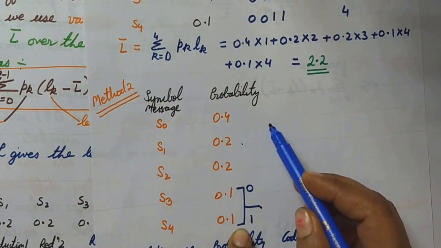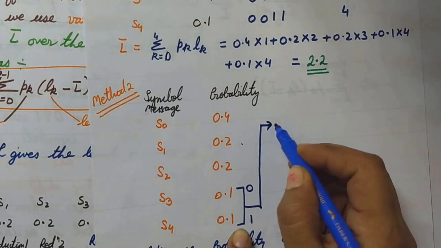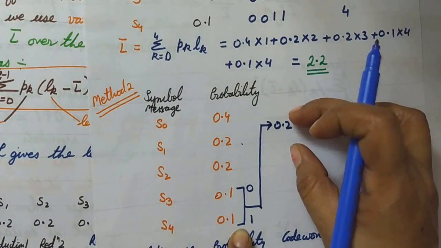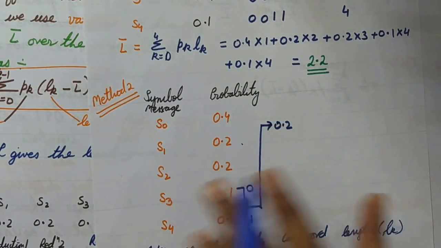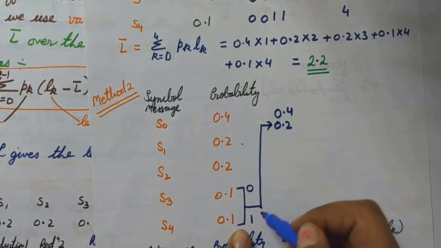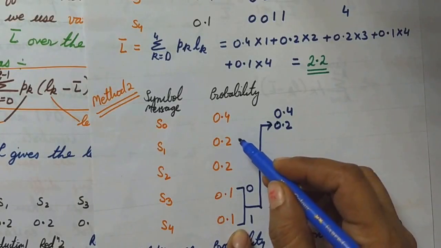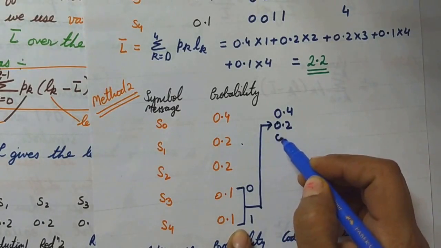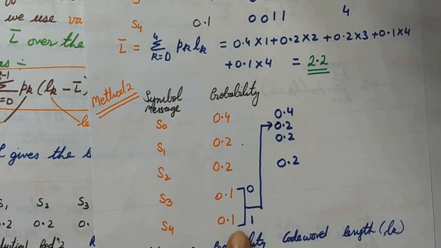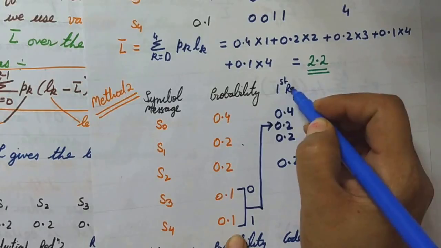This is the highest place I can give to this sum. I am writing in between 2 lines so that I don't disturb the order of the probabilities. So 0.4, and this new 0.2 will get the highest place, and the 0.2s in the question will come below this 0.2. So first reduction is over.